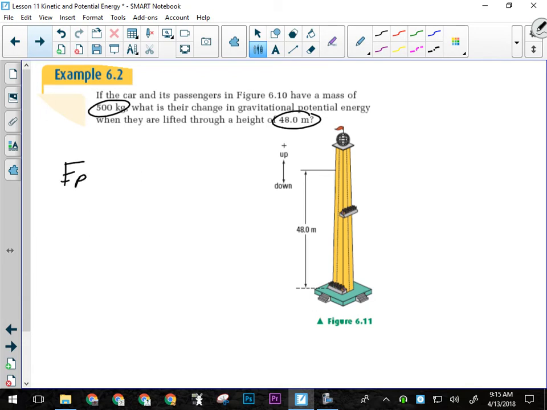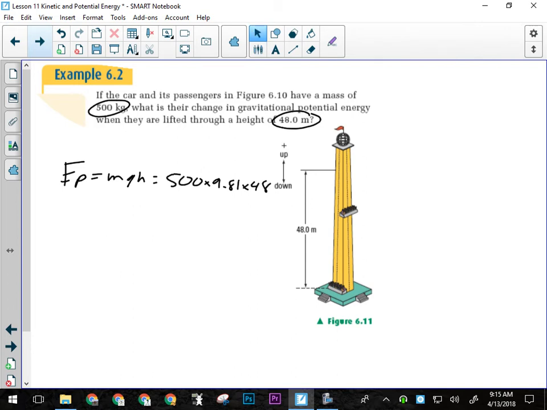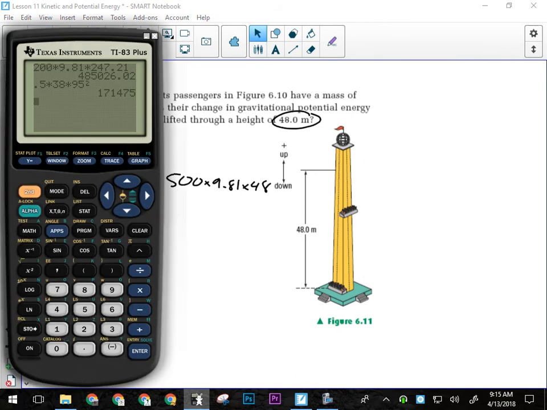So we can calculate its potential energy very easily, just m times g times h: 500 times 9.81 times 48 meters. Whoops, not 9.1, 9.81. So it would have 235,440 joules worth of potential energy, which is why it's so much fun to be on one.